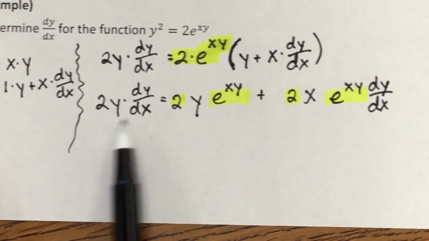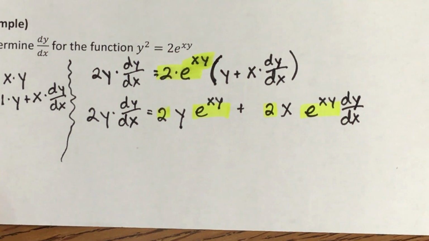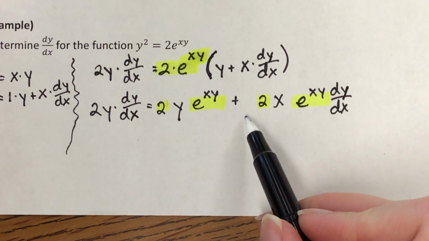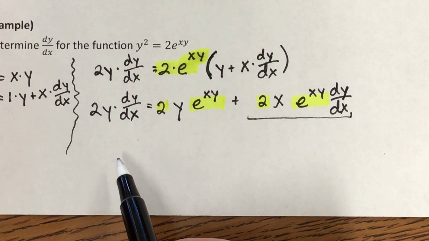The same order for the left, except there was no e to the anything. Zoom out a little so we can see the whole thing. Our goal is to get dy dx all onto one side so that we can eventually get dy dx by itself. So we're going to subtract this whole term over here over to the left.